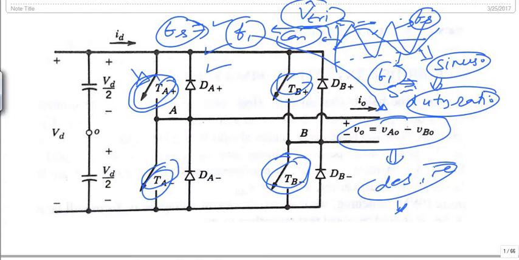And this output voltage will not be a perfect sine wave, and it will contain some voltage components at harmonic frequencies of f1.